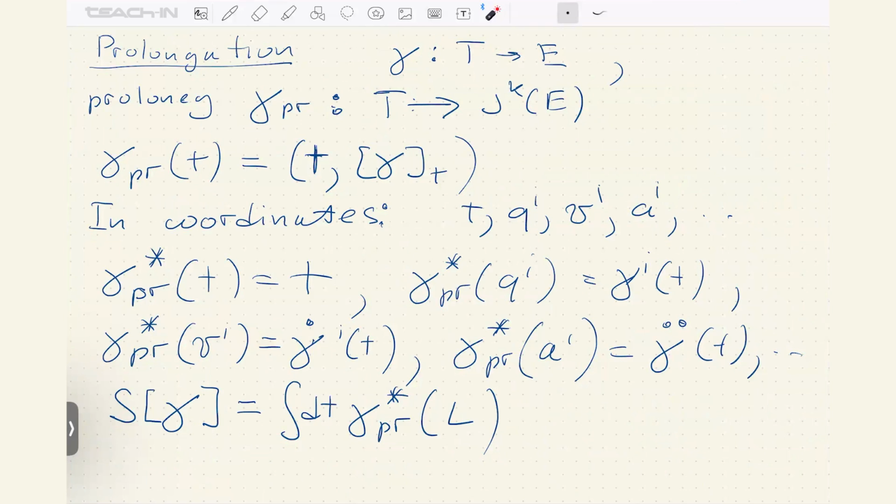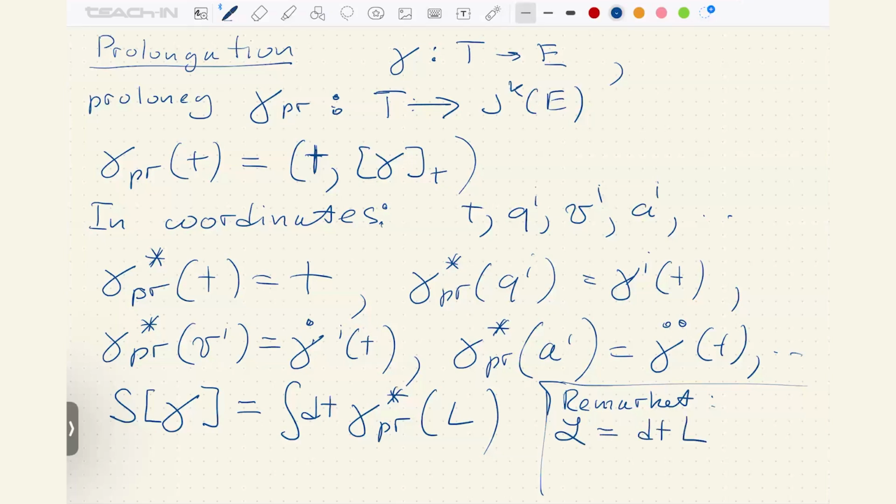Of course, let me make a small remark. For the moment, I'm not going to use this language, but there is one more improvement. If you really want a geometrical language, instead of working with the Lagrange function, you should work with the Lagrange form, let's make it curly L, which is roughly speaking this thing: L(t, q, v, etc.) times dt.